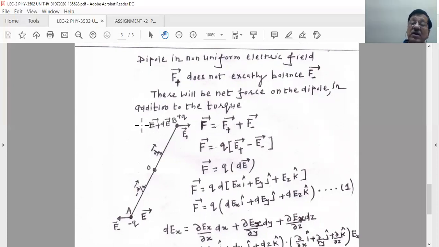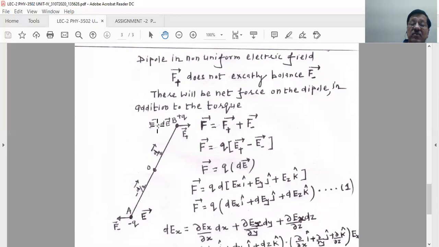You may write down E minus dE also. So the force acting on the negative charge will be equal to minus Q times vector E. Similarly, the force acting on the positive charge will be Q times vector E plus dE. I hope you understand this.